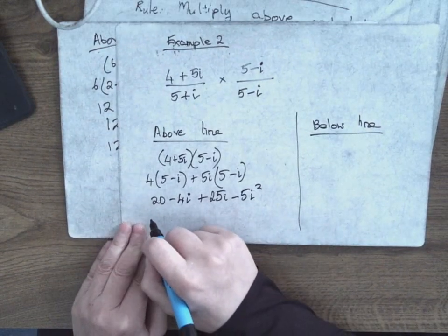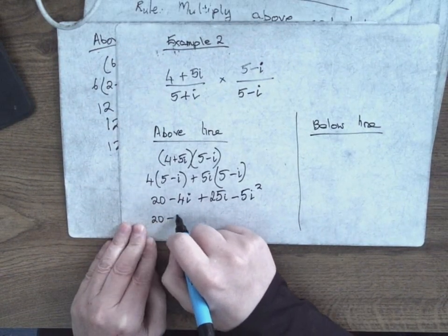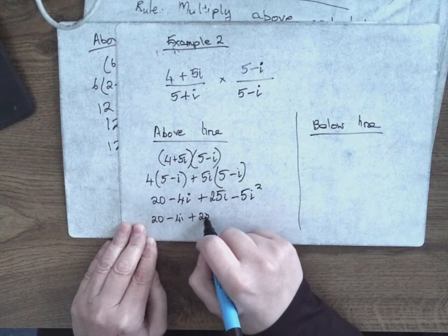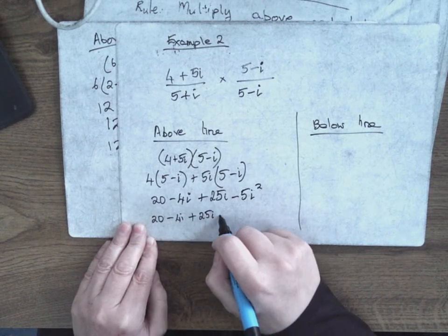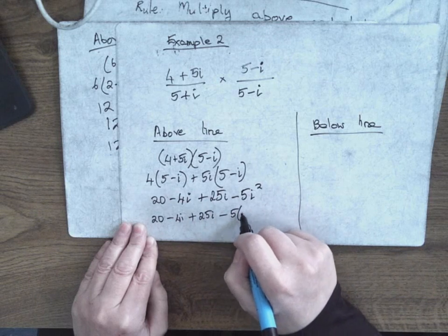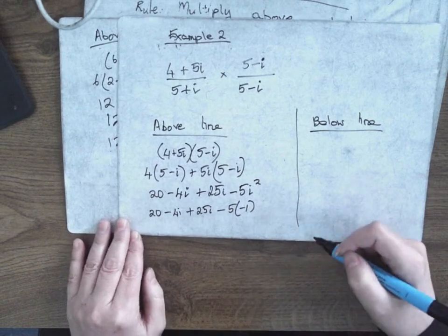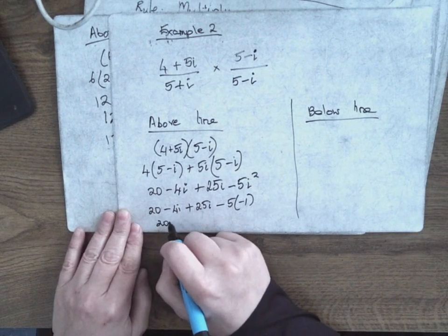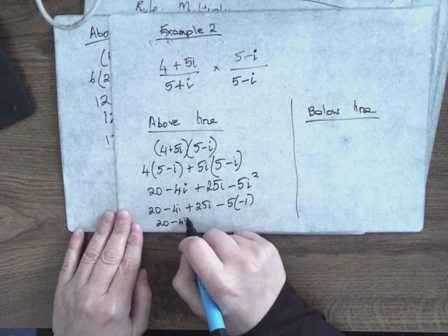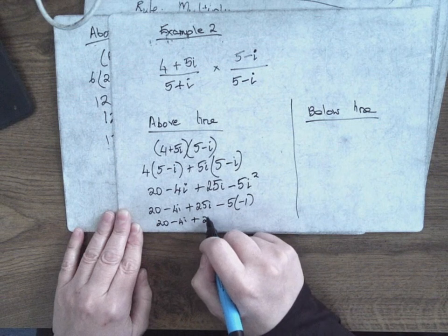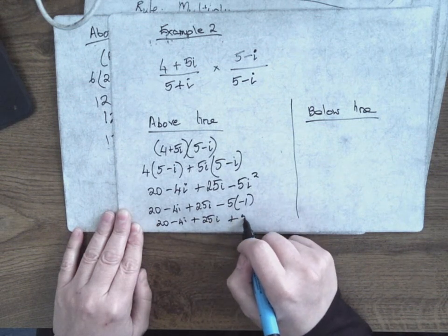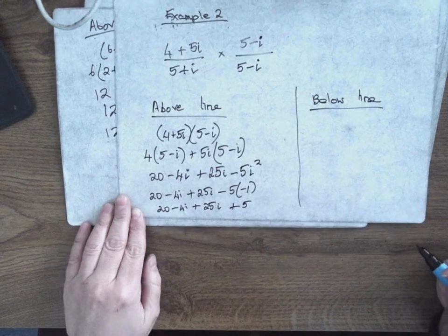So that's 20 minus 4i plus 25i minus 5 times minus 1. So that's 20 minus 4i plus 25i plus 5.